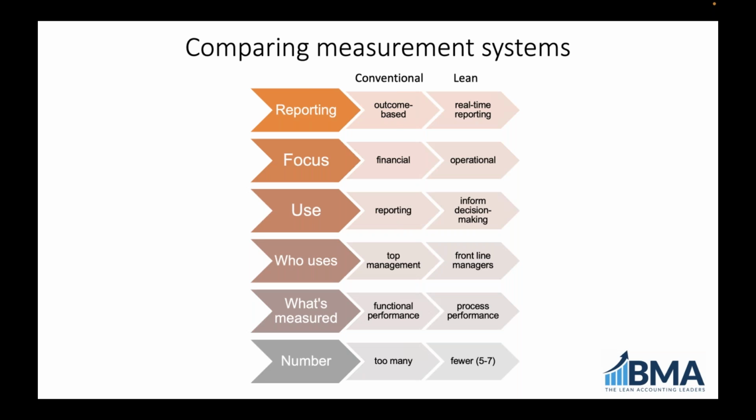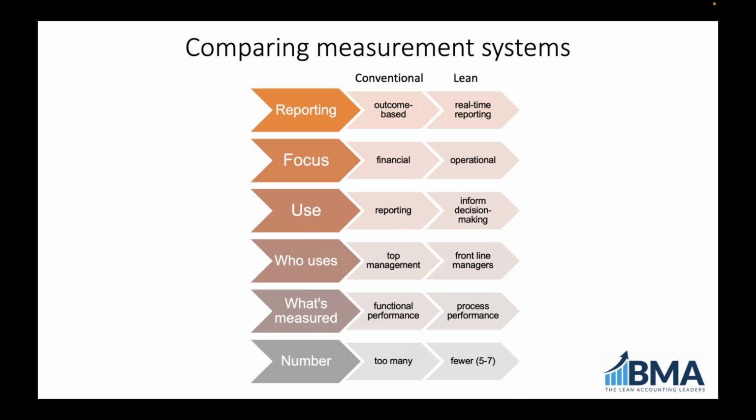Typically, conventional performance measurement systems are primarily used for reporting. You're reporting numbers, reporting information. And typically a lot of performance measurements are outcome based, they're financially based.